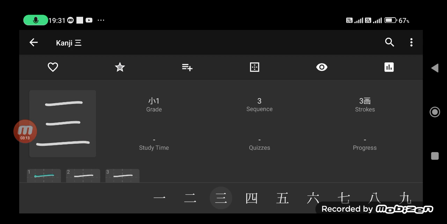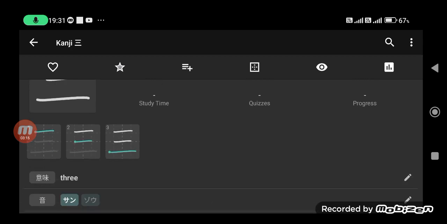So as I have discussed in our previous basic kanji lesson, the first thing you have to know in the kanji is the stroke order, and second, the onyomi and the kunyomi.